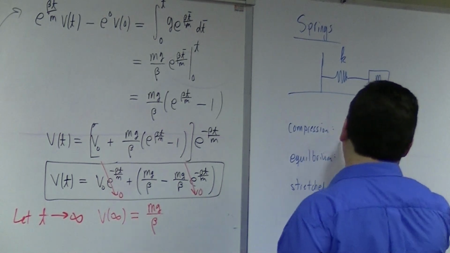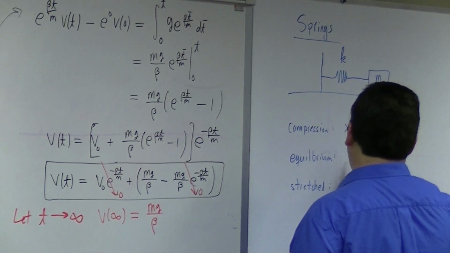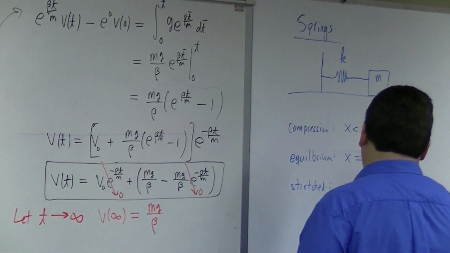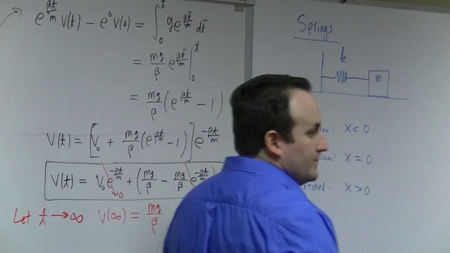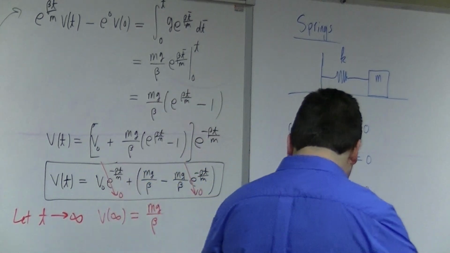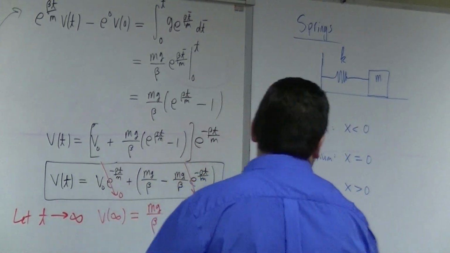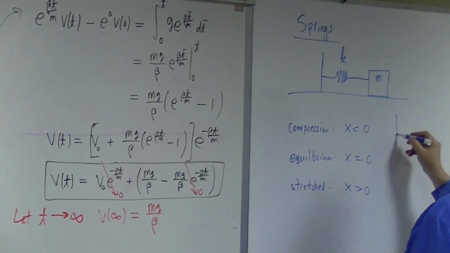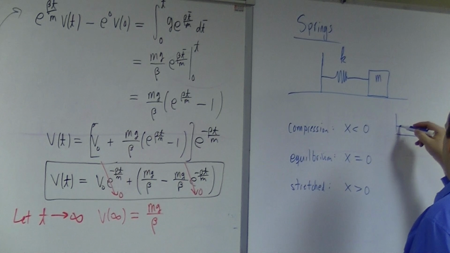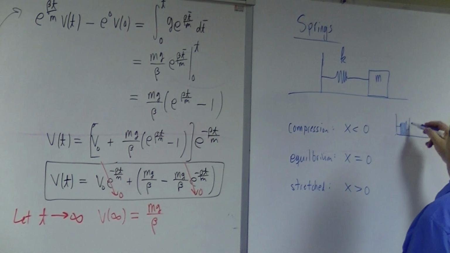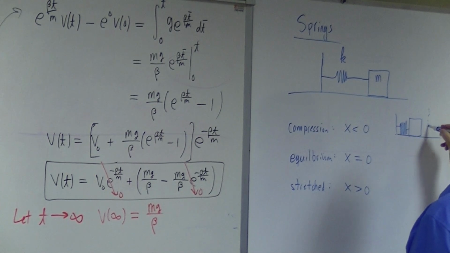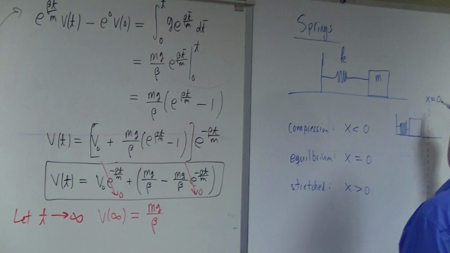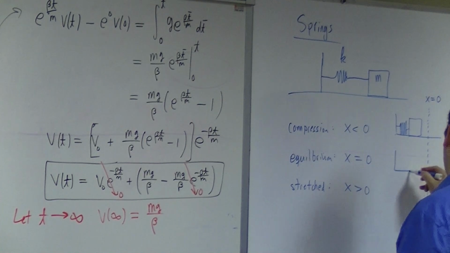So compression would be when x is less than 0. Equilibrium would be when x is equal to 0. Stretch would be x greater than 0. And so just to, so I can draw a picture. I'm going to try to draw a common x equal to 0 for all 3 of my pictures.